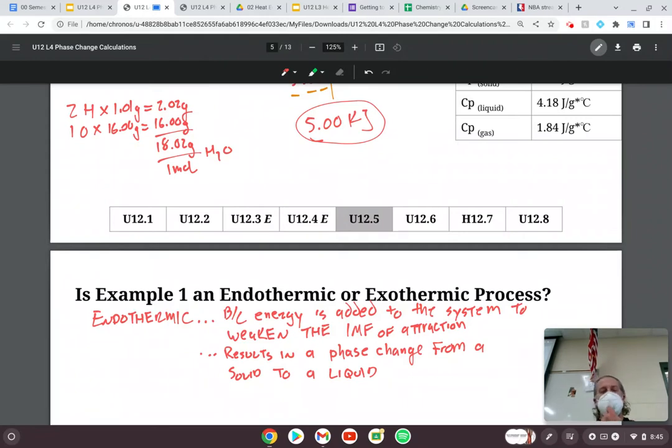So the explanation here is twofold. We're talking about what's happening in terms of intermolecular forces of attraction, but then we're also talking about the phase change and what the phase change specifically is.